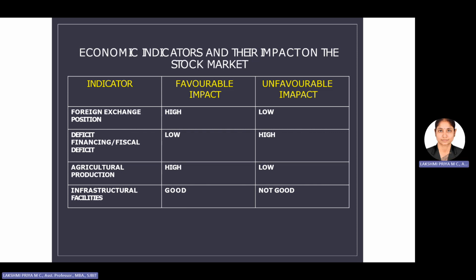Infrastructure facilities are very much essential for the growth of the industrial and agricultural sectors. A wide communications network is a must for the growth of the economy. Regular supply of energy without any power cuts will enhance the production. The banking and financial sector should also be strong enough to provide adequate support to industry and agriculture.